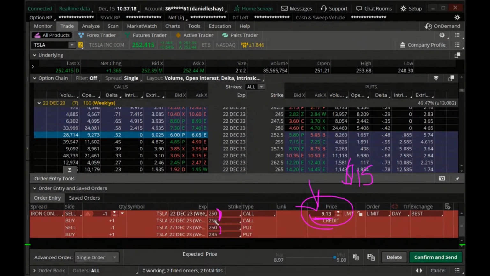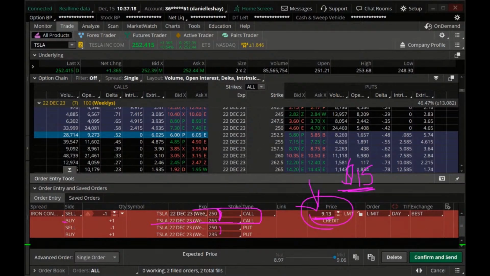So it can't be all the way up at 275 and also below 225. So the way that they go wrong is if it goes outside of one of these ranges. So if it ends up at 275, you would have to buy back the condor, or really just the call side, for $15. But since you got a $9.13 credit for getting in, you'd be losing a little bit less than $6 on the trade.